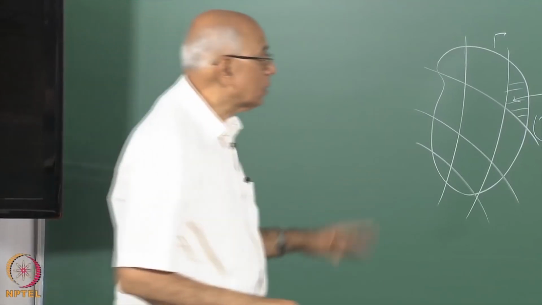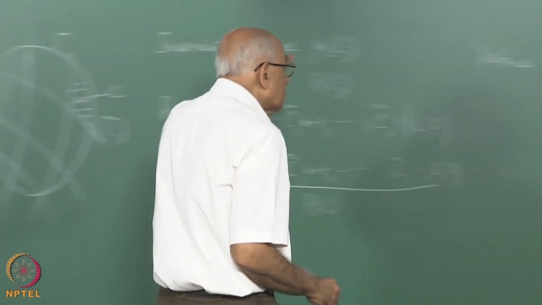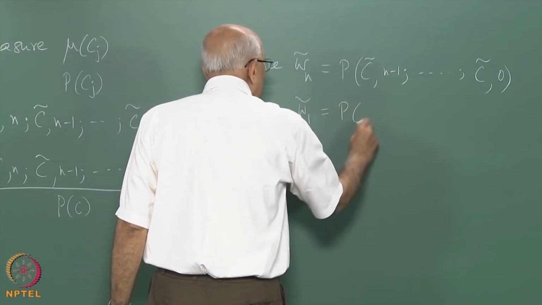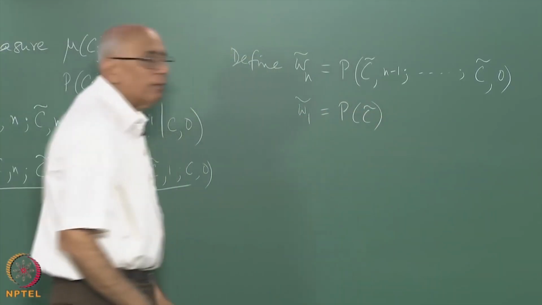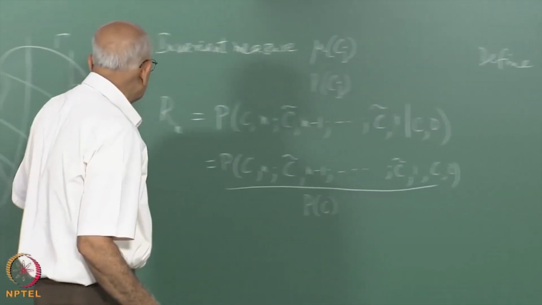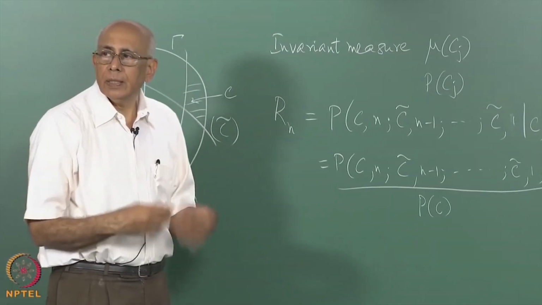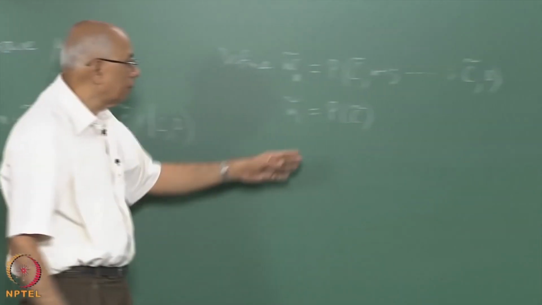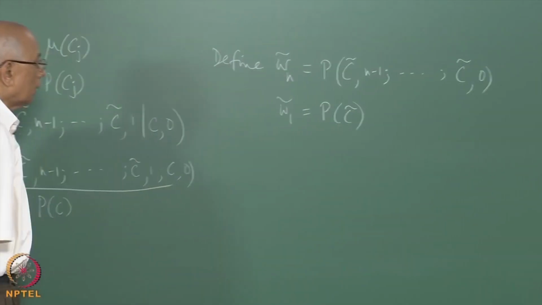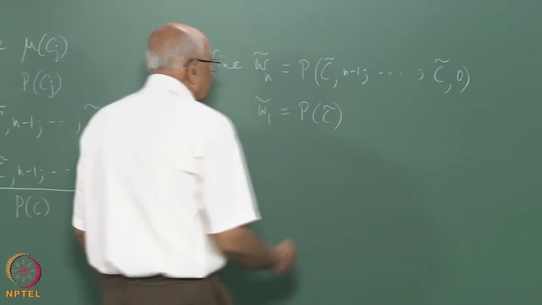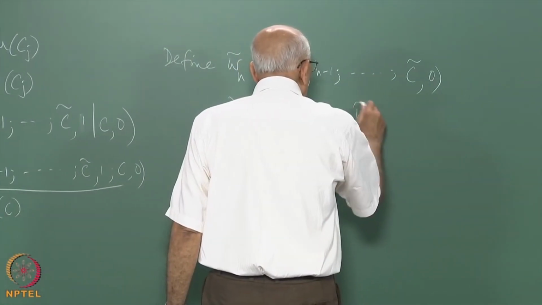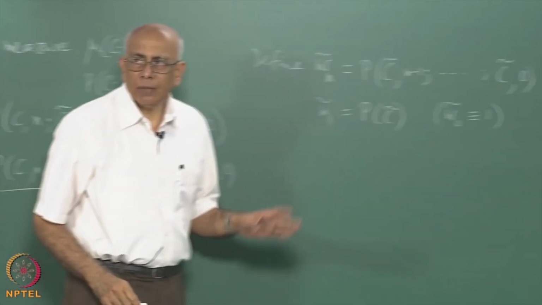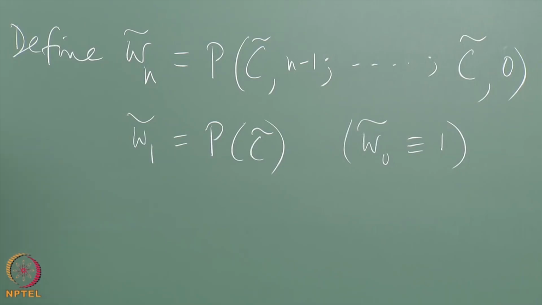That is the definition of Wn, and it is immediately clear that W1 tilde equals P of C tilde itself. It is the invariant measure of the complement, because the whole thing is stationary, so the time index for a single time probability does not exist. We also defined for convenience W naught tilde to be 1. We define it in that fashion simply so that the formulas look very uniform.